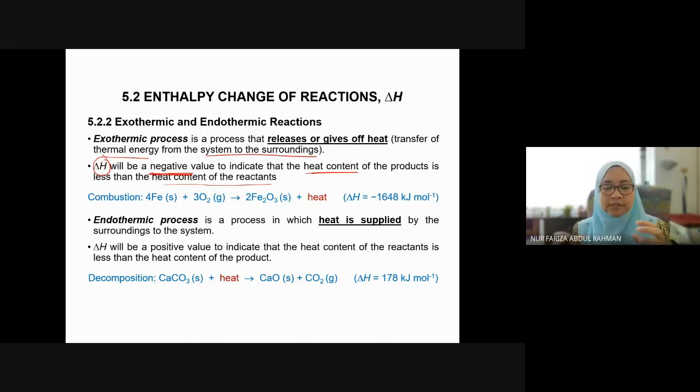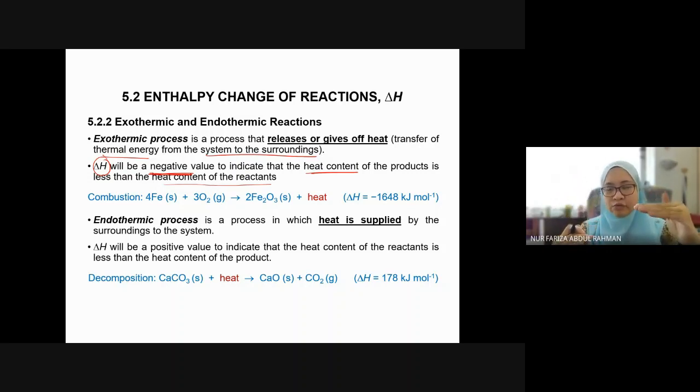So we can say during the reaction, we have reactant and product, right? The reactant has higher energy than the product. This is the reactant, this is the product. Sorry, reversed. This reactant has higher energy. Reactant has higher energy, product has lower energy.